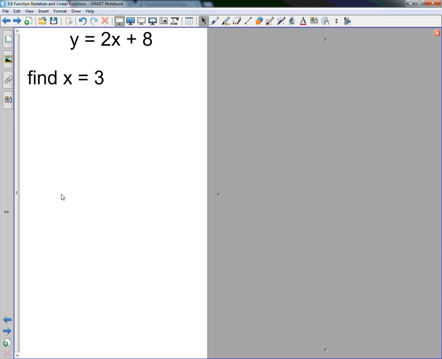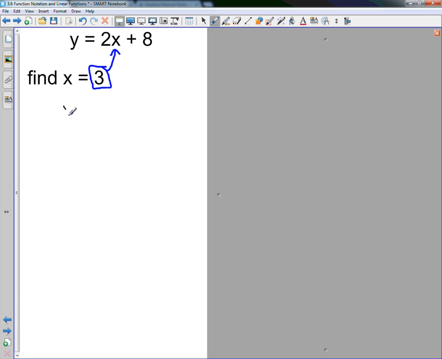Okay, so let's talk a little bit about what function notation is, or see what it means. In the first one we have y equals 2x plus 8. So this is just dealing with y equals. Well, we know if x is 3, then we plug in 3 and that should generate the y value.